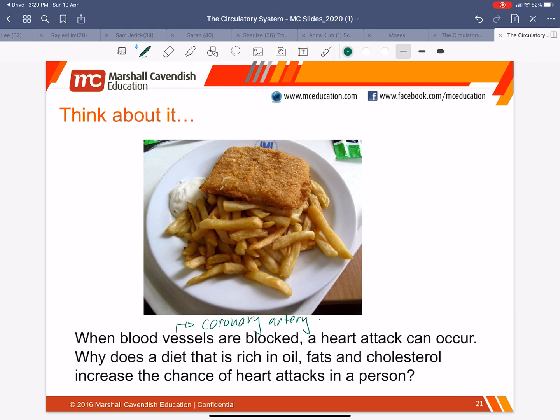Okay, so they are asking, why does a diet that is rich in oil, fats, cholesterol increase the chances of heart attacks? Well, basically because when you eat food that is high in fats and cholesterol, they end up forming this really thick layer inside the tube, or the inside of the blood vessel. Okay, think of a blood vessel as a tube, and you're looking at a cross section of a tube.